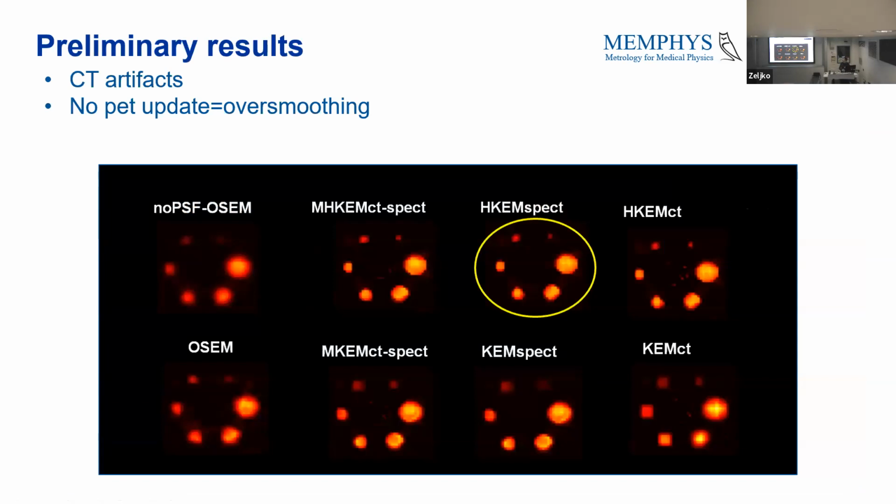From this preliminary study, the main result was that whenever we don't use the PET iterative information, the image is quite blurry in general, and there are also some artifacts in the biggest lesion.